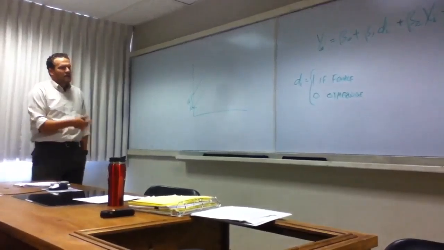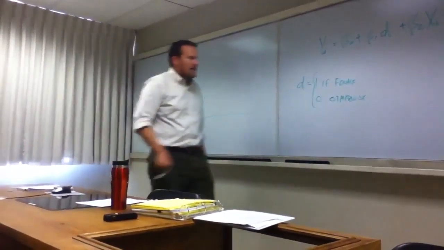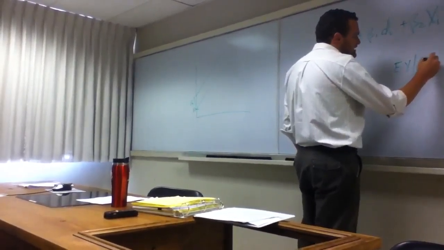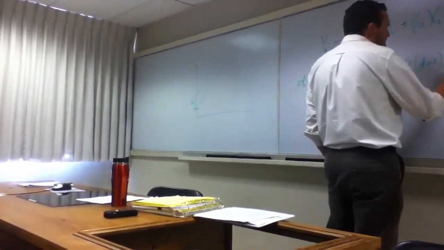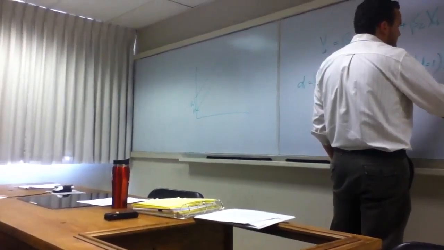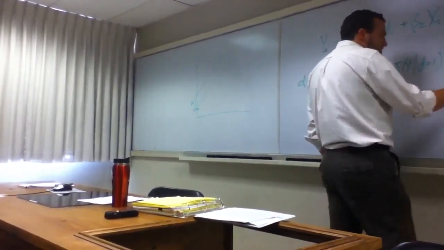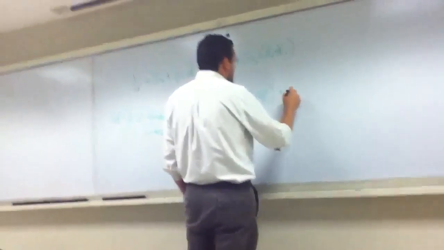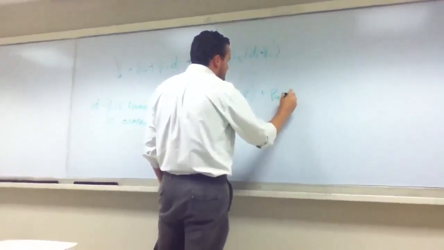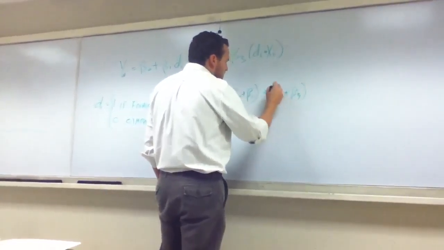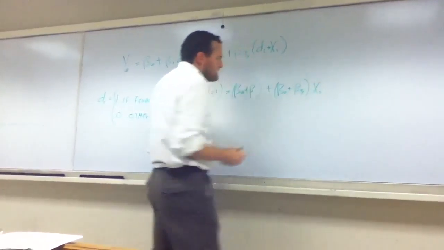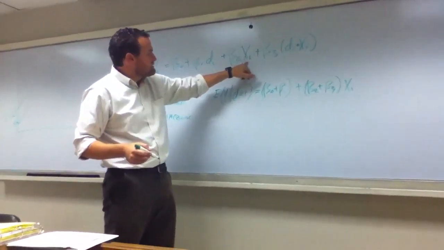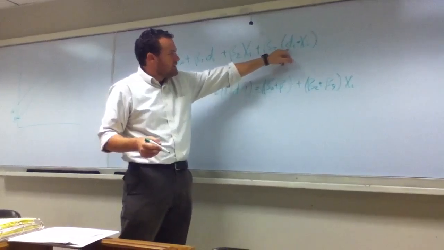If we look at the expected value of y given d equals 1, the intercept is beta 0 plus beta 1, and the slope is beta 2 plus beta 3, because d equals 1, so we have beta 2 xi plus beta 3 xi.